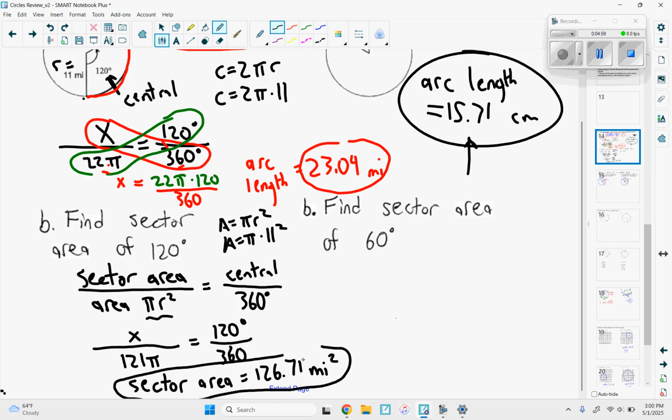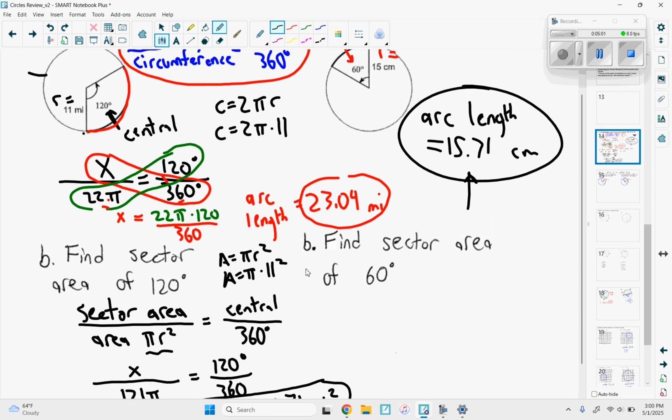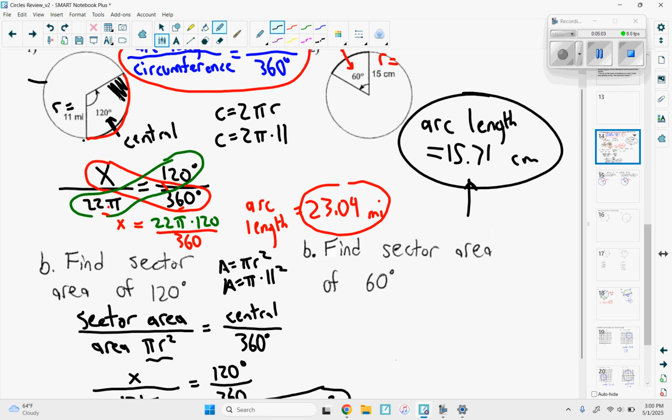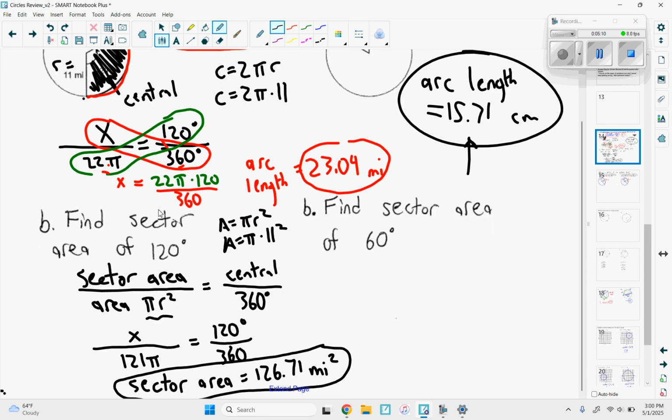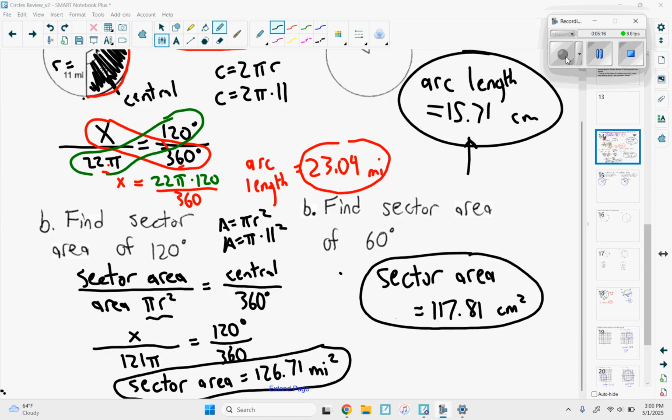And again, sector area, that would be the area of this slice of pie. Go ahead and pause if you want. I'm going to show the answer for number 2B, the sector area of 60 degrees. And here is the answer for 2B. Double check to see if you got the same answer as I did.